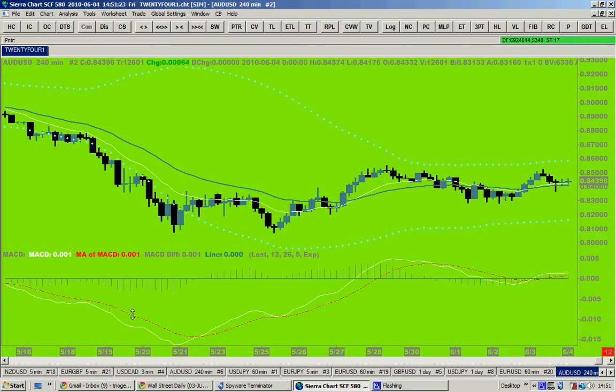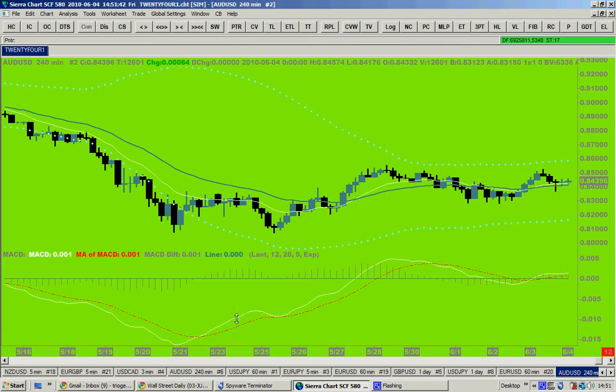We also have the histogram, which is the distance between the MACD itself and the moving average of the MACD. All this histogram around the horizontal line is just the distance between the MACD, this white line, and the red line.